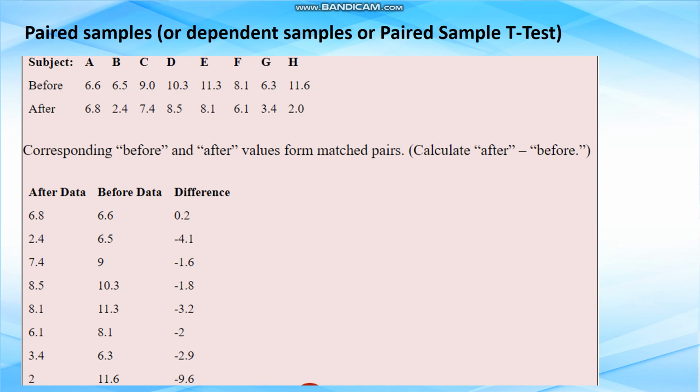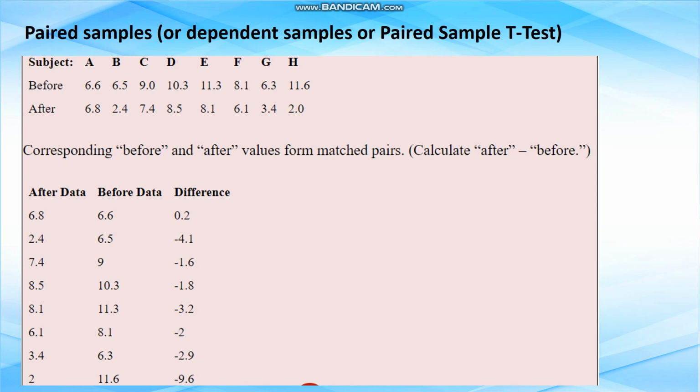Corresponding before and after values from matched pairs are calculated as after minus before. So you see the table, the after data and the before data, and after minus before. You calculate the difference: 6.8 minus 6.6 is equal to 0.2.